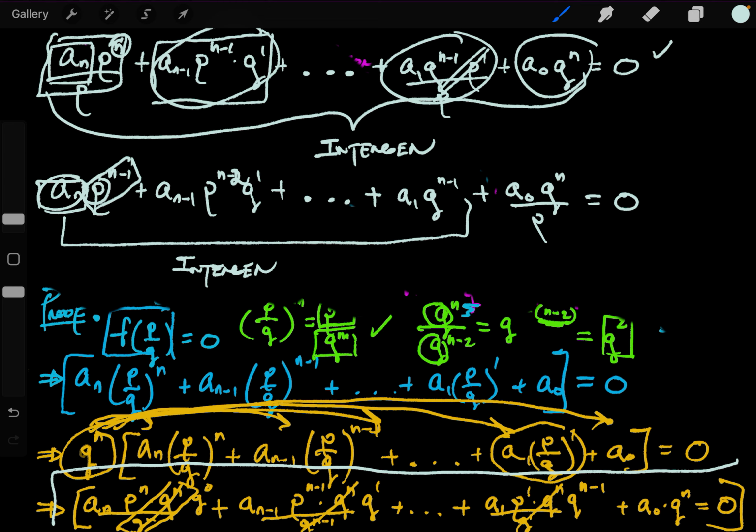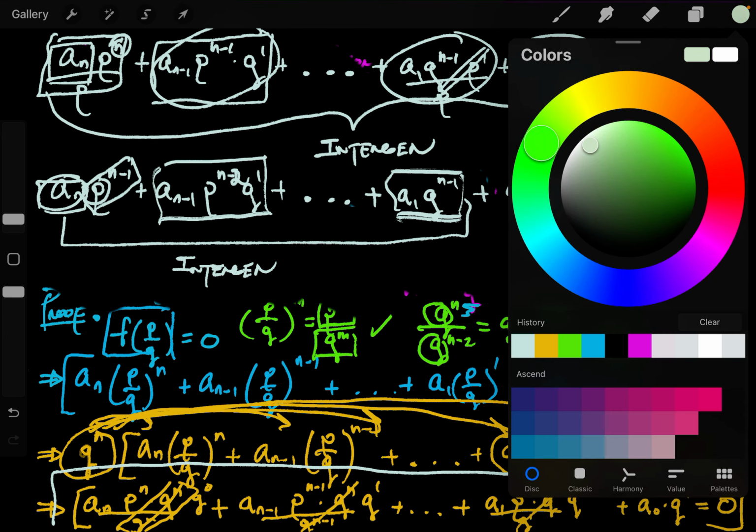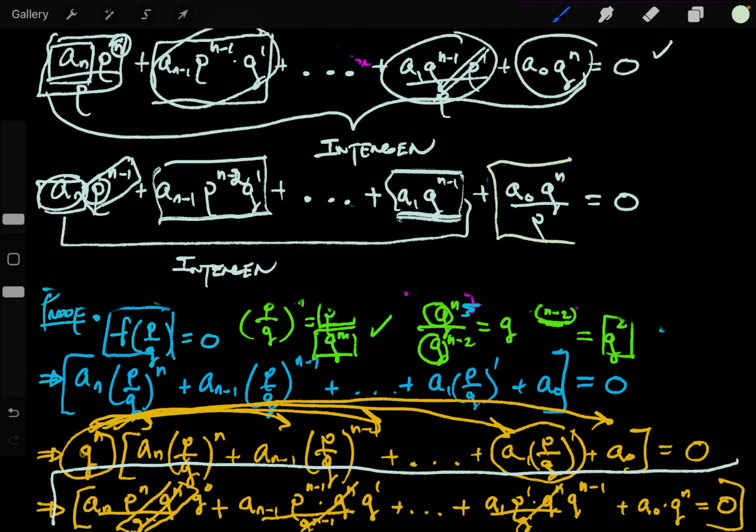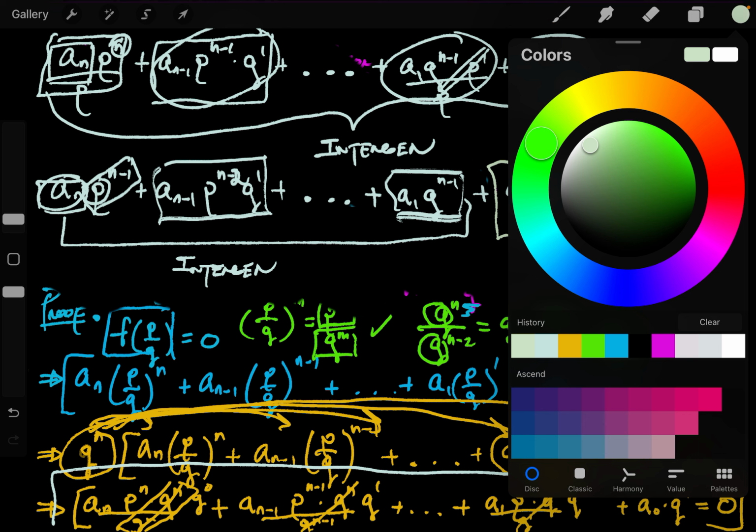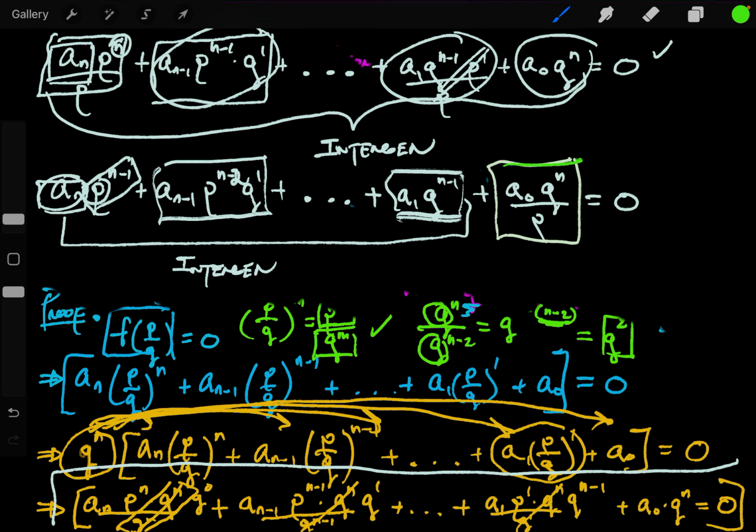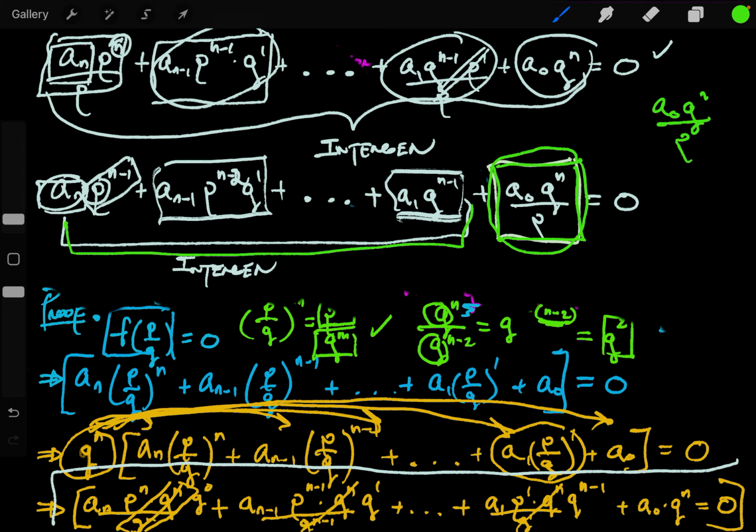And then you could make the same argument for this thing over here, and so forth, for every term except for this last one. This last term is key, because what you have here is a0 q to the n over p. And if this whole thing is an integer, and then this has to be the negative of that integer because you have it equal to 0, this must be an integer.